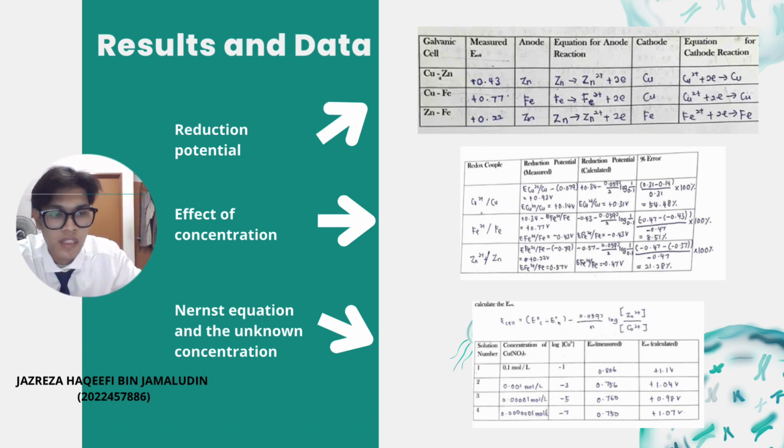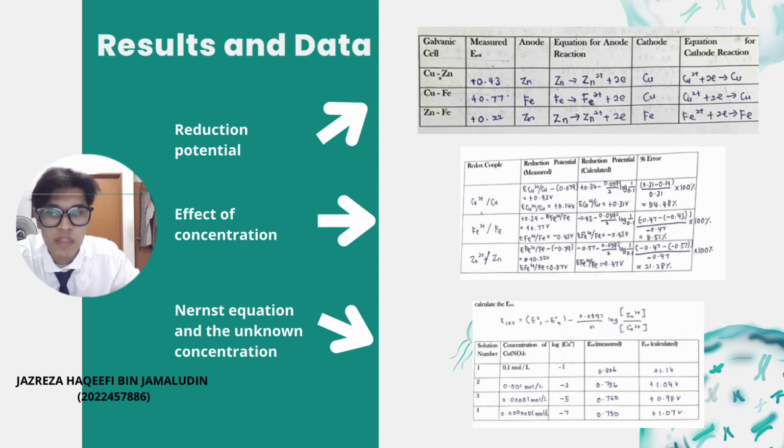And after using the Nernst equation to calculate the E cell, we can see that the solutions from 1 to 4 slightly increase: for solution 1, the E cell is 1.1 volt, for the second solution we get 1.04 volt, the third we get 0.998 volt, and the fourth is 1.007, which is slightly increased.